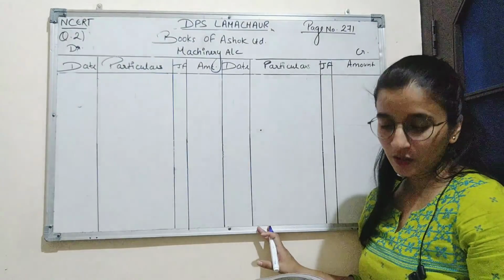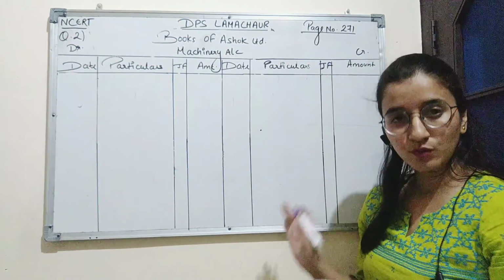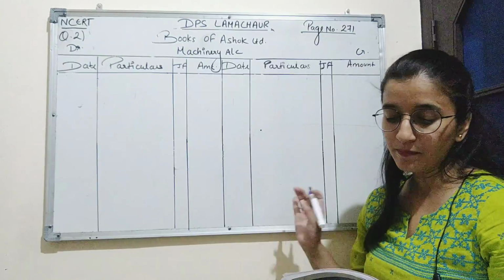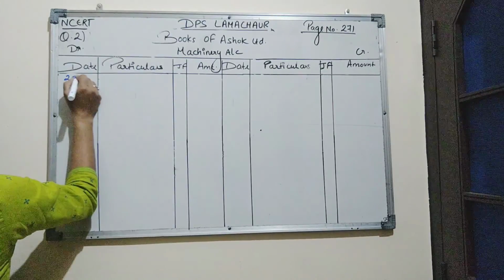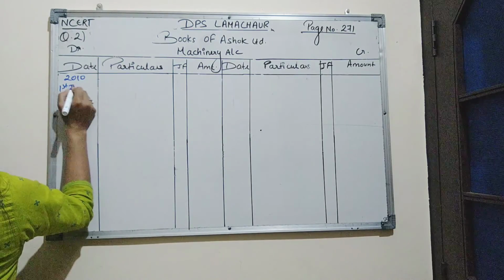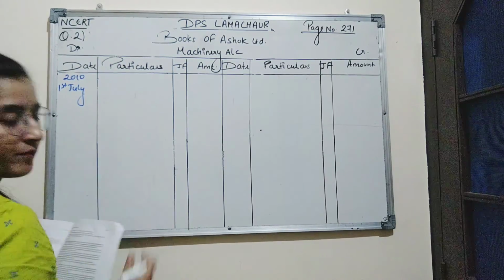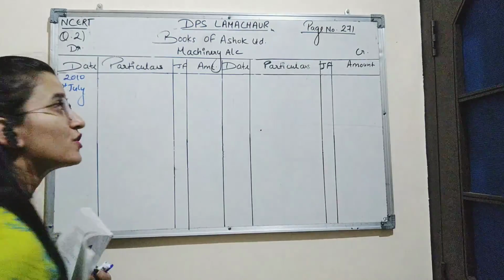Now according to the question, on 1st July 2010, Ashok Limited purchased a machinery. So we'll put the date first. Year is 2010. Date is 1st July. So Ashok Limited has purchased a machinery.